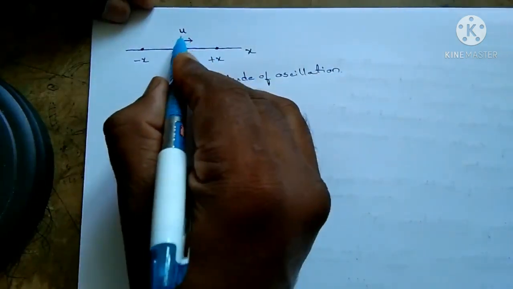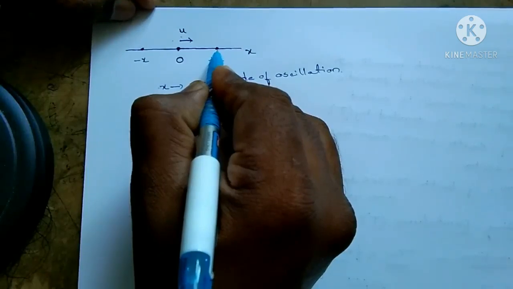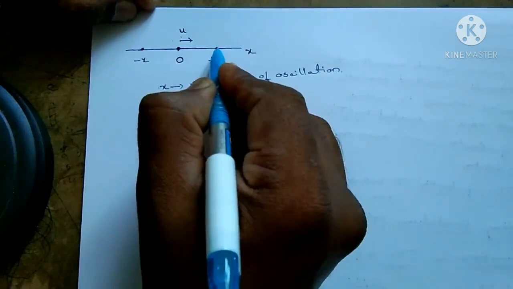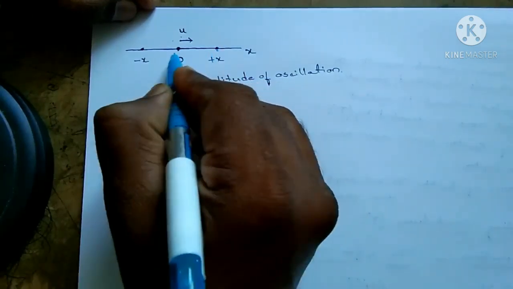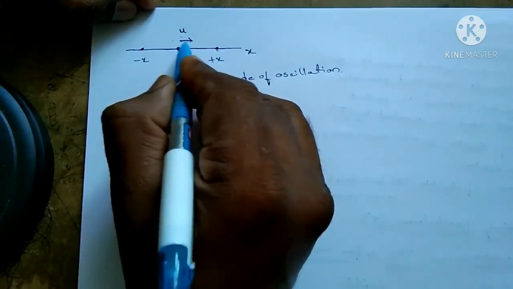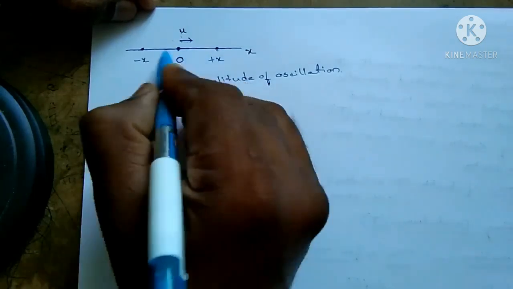And this velocity, as it reaches the plus x position, should go to 0. So in order to go to 0, only then, once the velocity reaches 0 here, will the particle come back. If our acceleration is not in such a way that it reduces the velocity, the particle is never going to come back here.